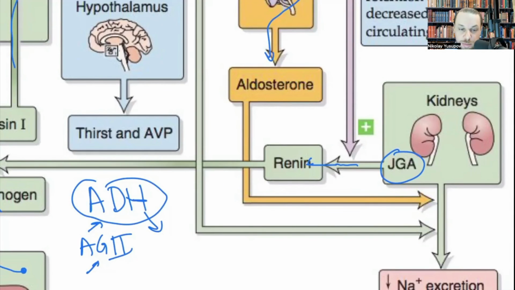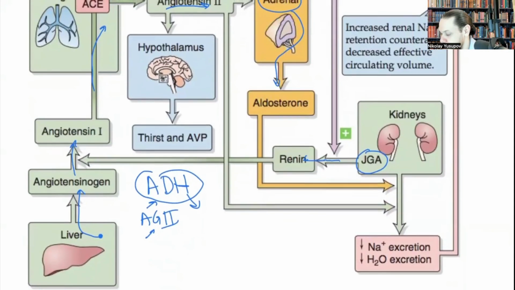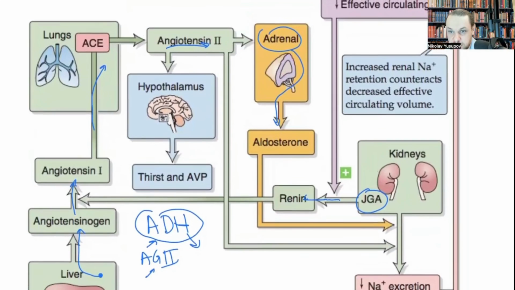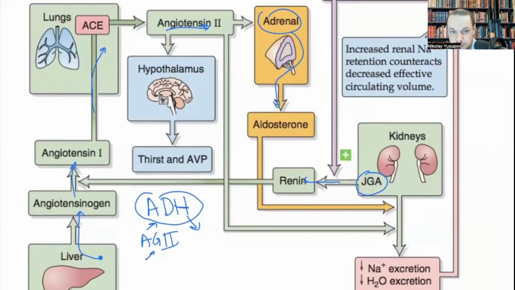And again, this is going to help us retain salt and retain water, and aldosterone helps us retain salt and water. And we see the overall response: it is going to increase our blood pressure in order to maintain perfusion. So in the short term, this was great.